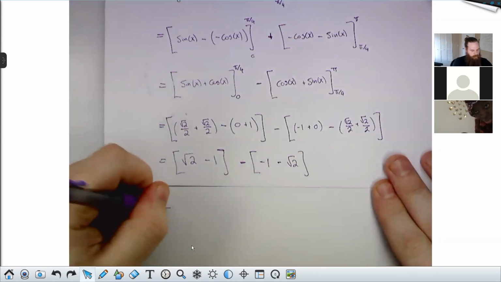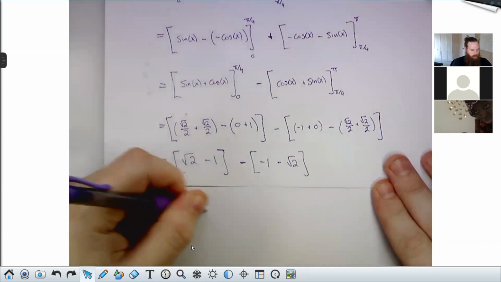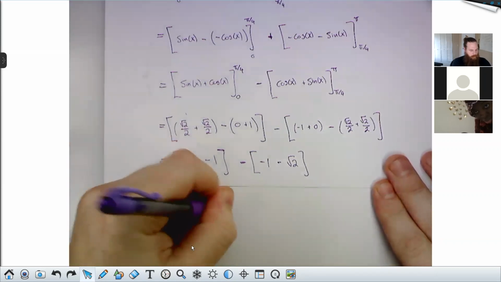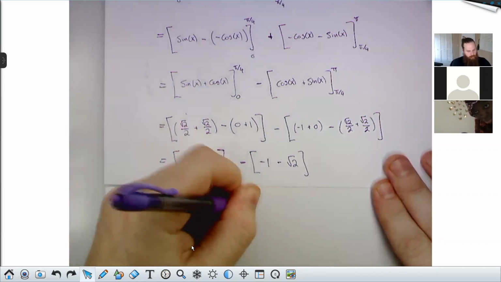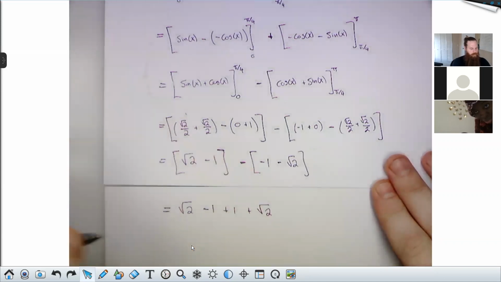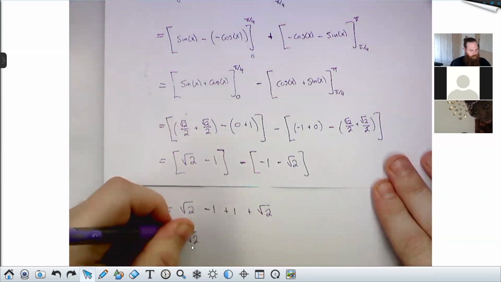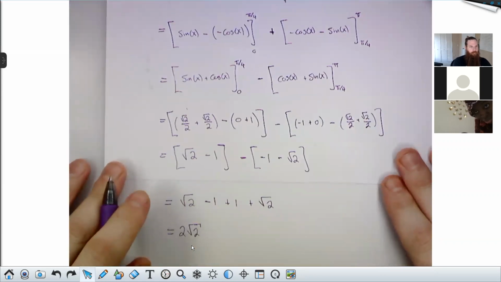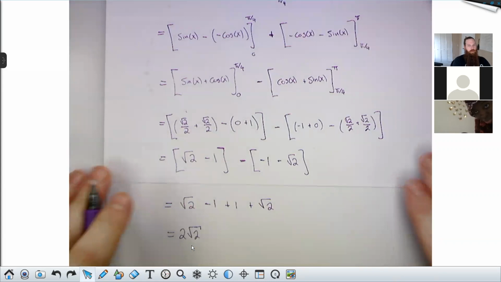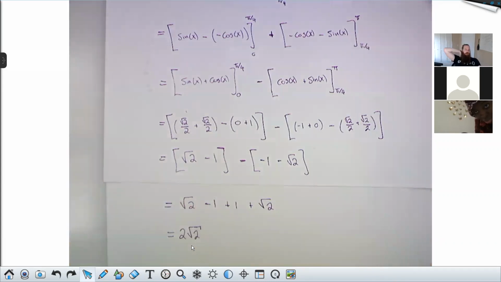That is root 2 minus 1 plus 1 plus root 2. Distributing all our negatives, the 1s go, and you get 2 times the square root of 2. So that is the area between sine and cosine from 0 to pi. It's 2 copies of the square root of 2.